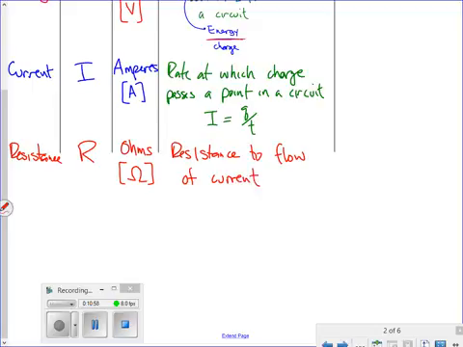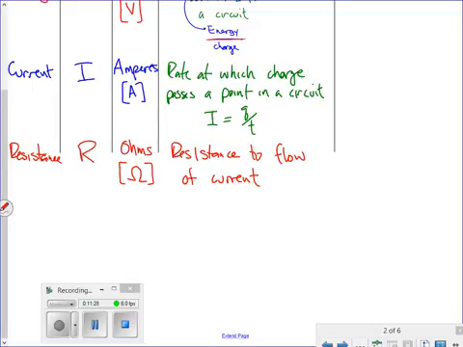Please think of a better word to use than resistance. But what else can I say? Everything resists the flow of current. Things that do a good job of not resisting the flow of current, we use those to conduct current. So metals are good conductors and typically have lower resistances than things that don't conduct very well.